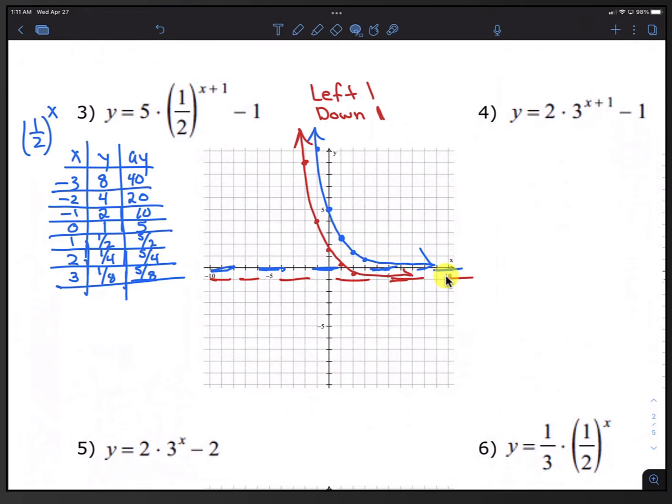All right, what is the domain, range, and horizontal asymptote? Goes to the left and to the right forever, so the domain is -infinity to infinity. The range goes from the horizontal asymptote at -1 all the way to infinity. And the asymptote is y equals -1.